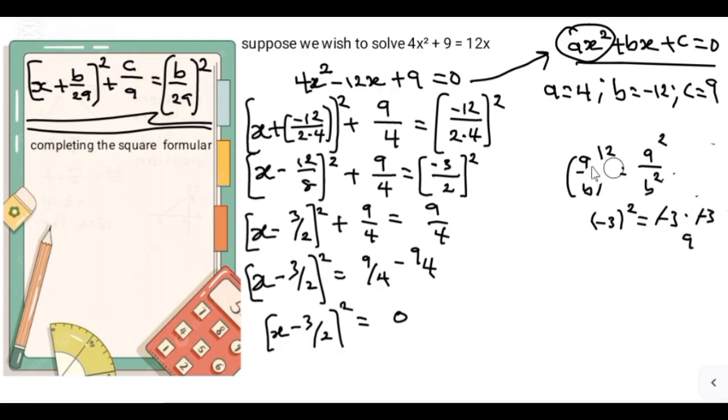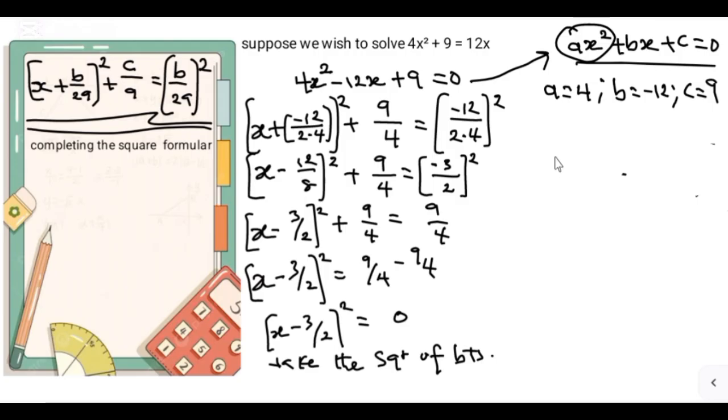Now let's come to this side and create some space so that we'll be able to complete solving the problem. If you have this, let's take the square root of both sides. What it means is we are going to have the square root of x minus 3 over 2 all squared equals plus or minus the square root of 0. This will cancel this.